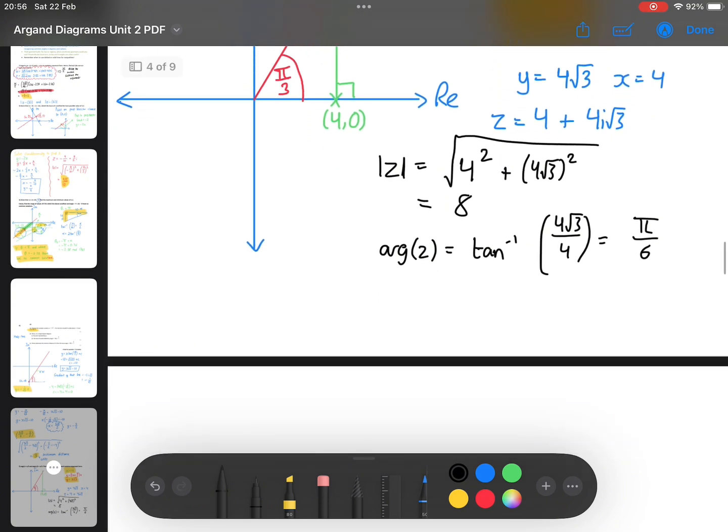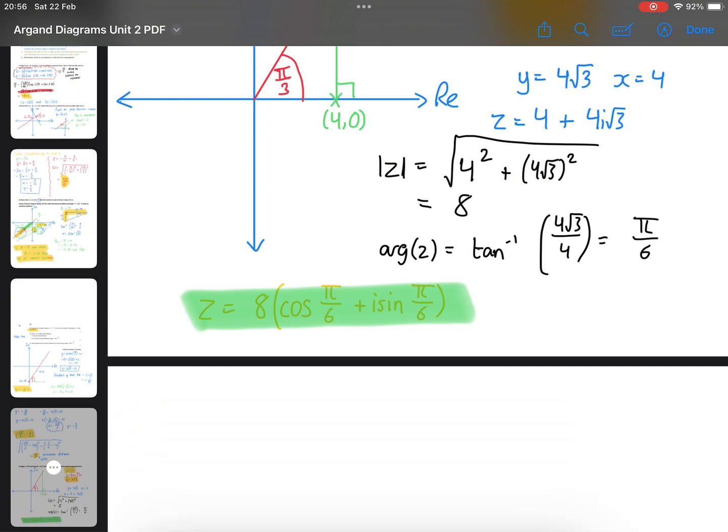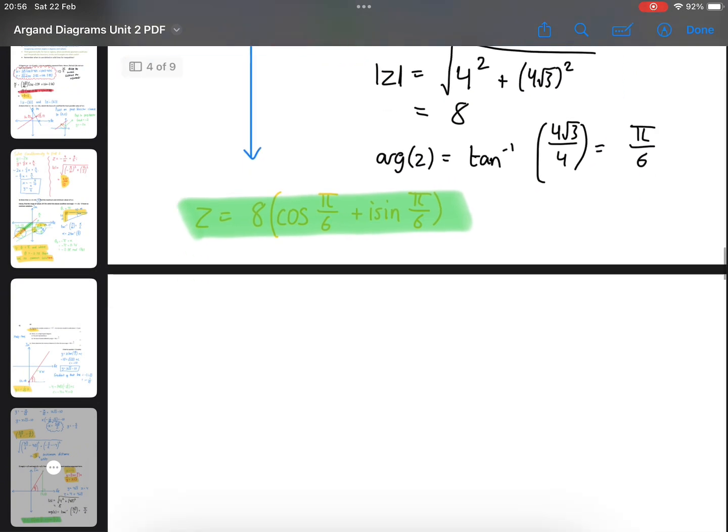So with that in mind, we can write z as z equals 8 (cos pi over 6 plus i sin pi over 6). And that's said in modulus argument form. So that's the solution to that question.